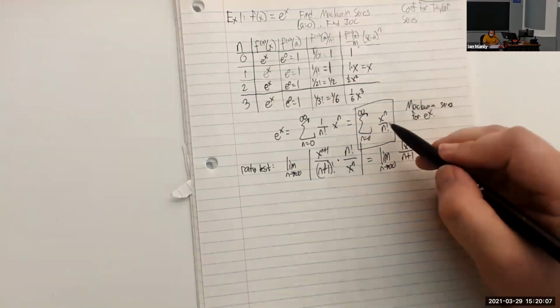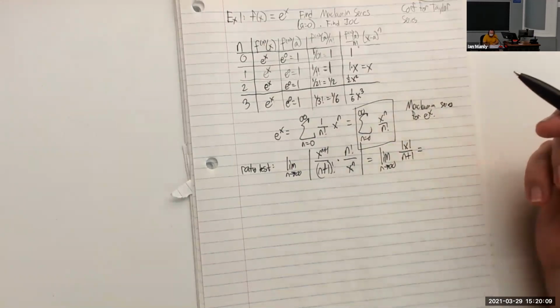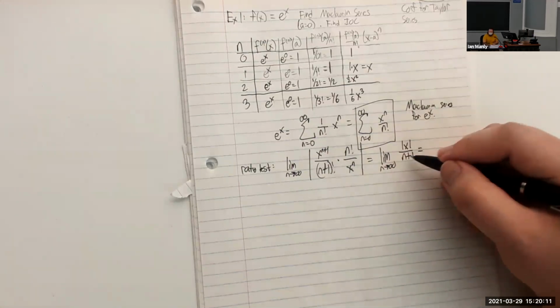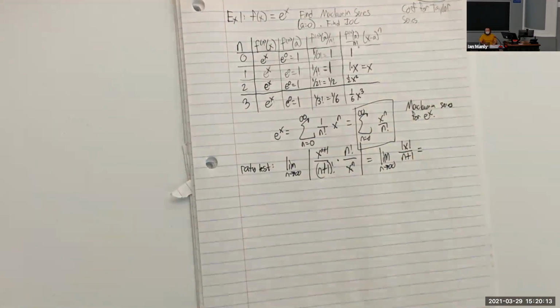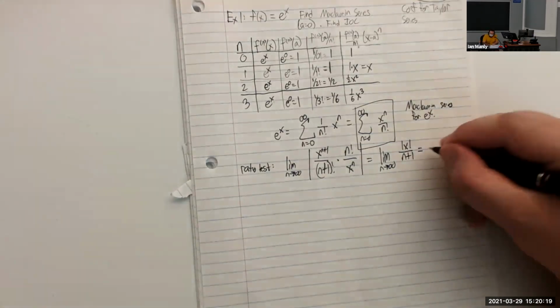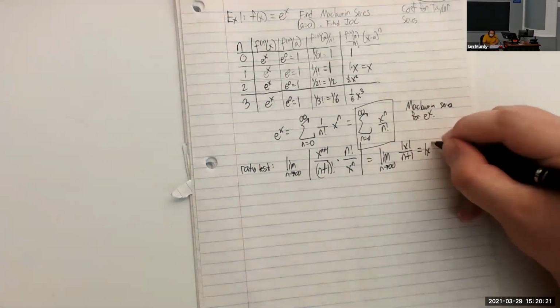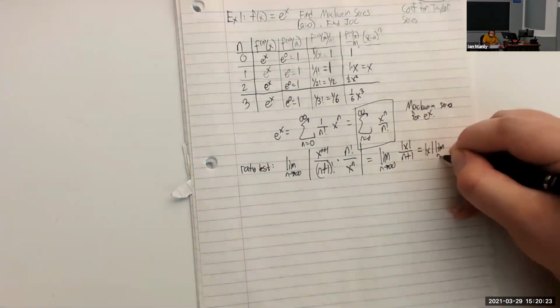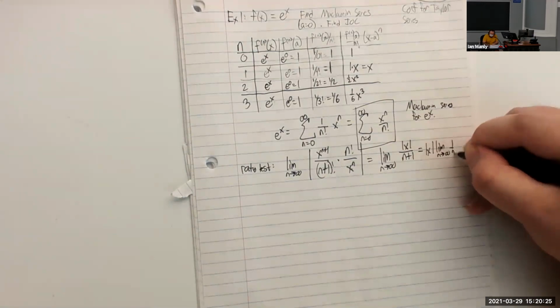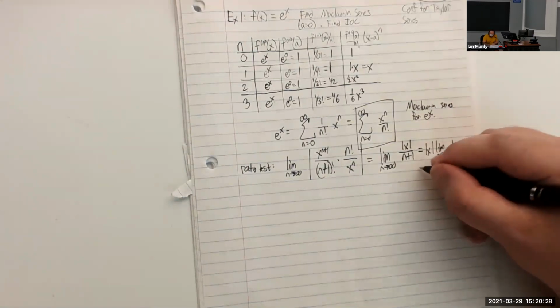I think we've actually done the ratio test on this exact series before. What is this limit going to end up being, no matter what value x is? It's going to be 0, right? Because technically this absolute value of x can move out of the limit, and then this is equal to 0.